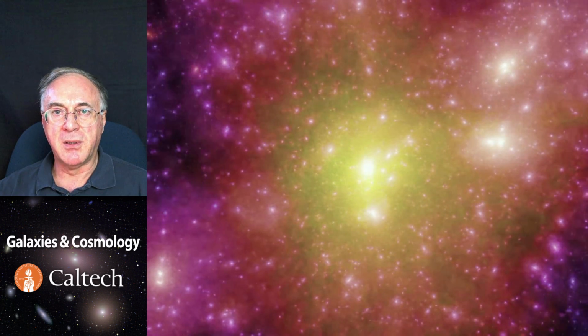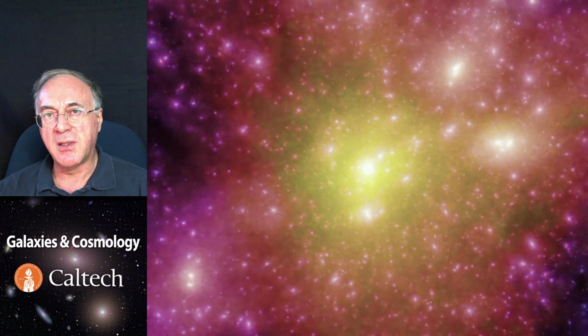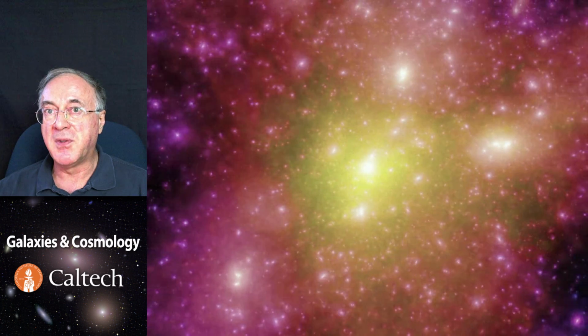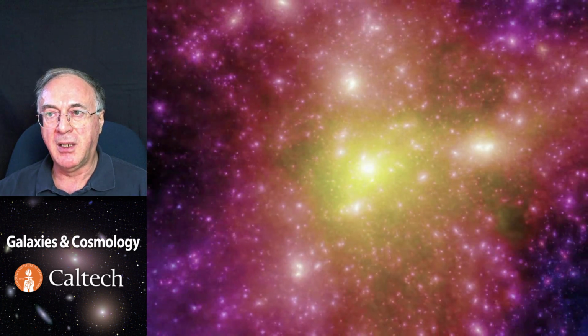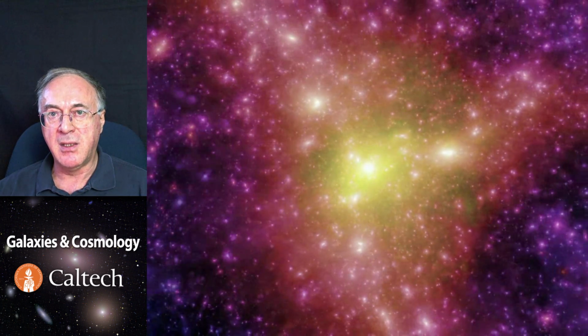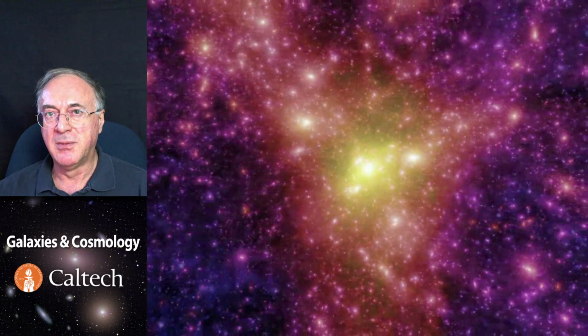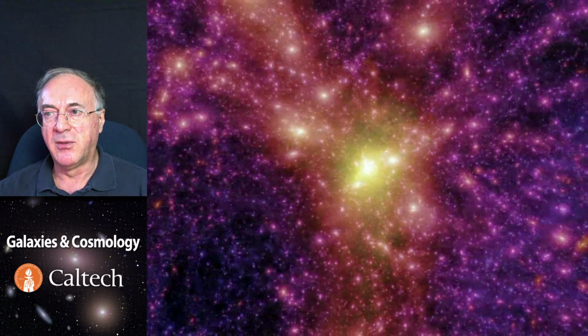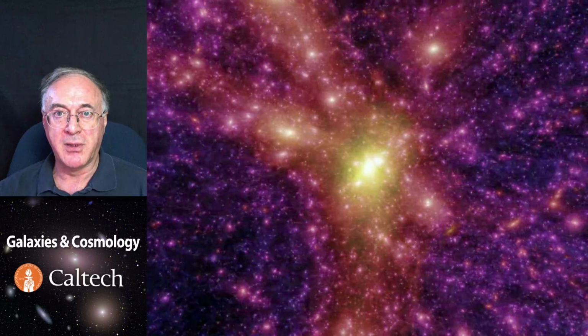The different colors in the simulation indicate different densities. They're not representative of physical property of dark matter in any way. They're just there to make it easier to see the density contrast. And now let us zoom out again from this cluster and fly around it some more.